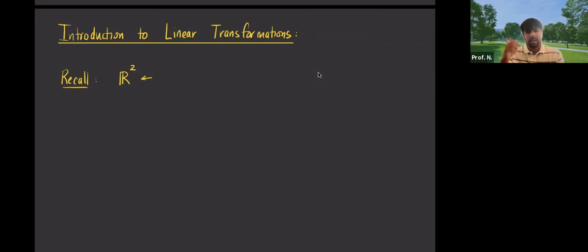If I write this symbol with R and I put a 2 as a superscript, what does this represent? Let's start with that.